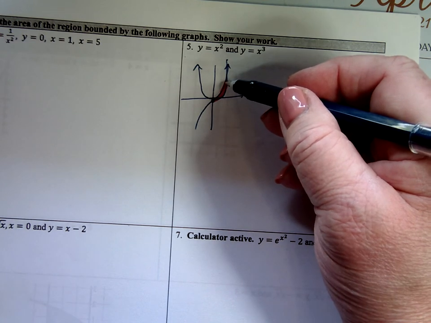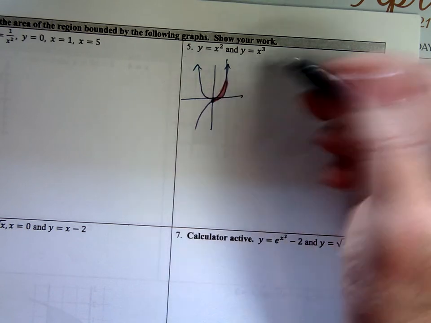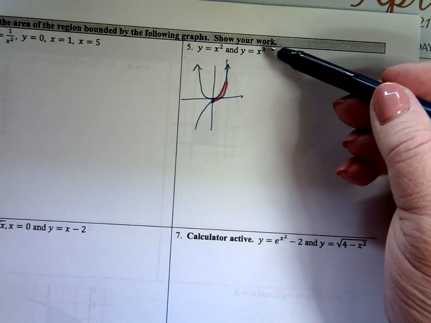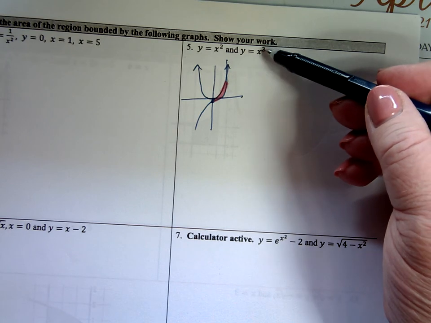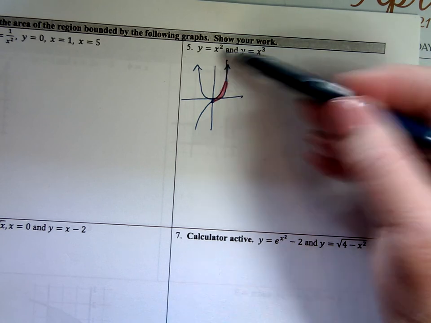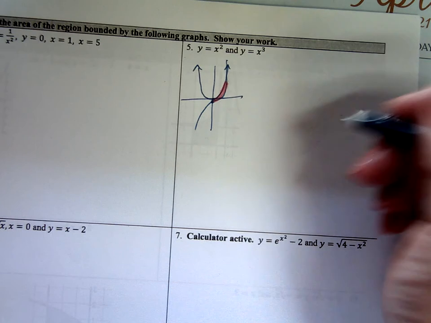How do I know that? I'll tell you in a second. But if I put a 1/2 in, 1/2 squared is 1/4. This is 1/8. So 1/4 is bigger than 1/8, and that means that this is the guy on top and that's the guy on the bottom. I went to the calculator to verify it, and there you go.